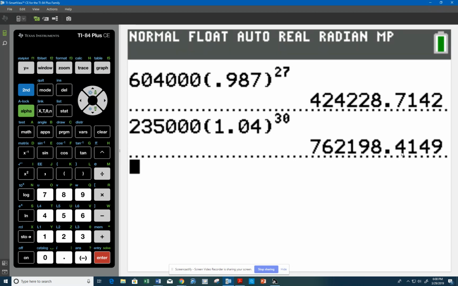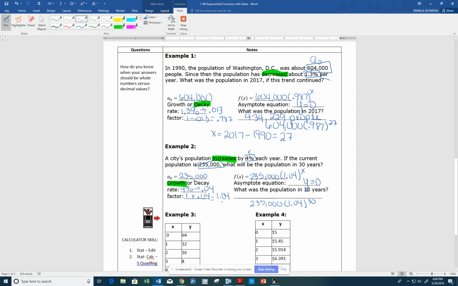Again, we can't have a part of a person, so we'll round to the nearest whole person. And so 762,198. Okay? So 762,198 people.